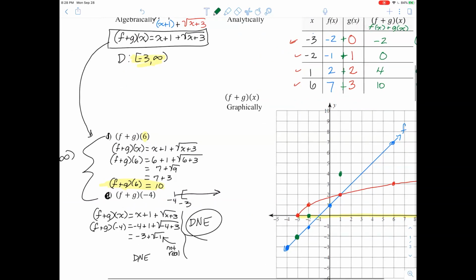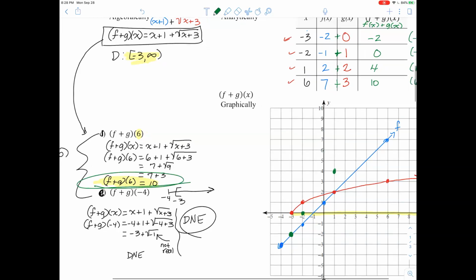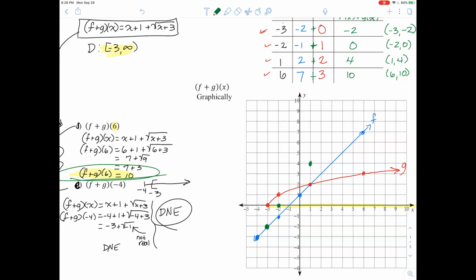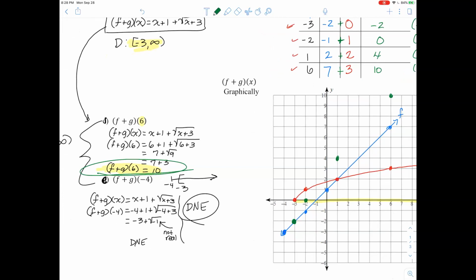And you recall that we actually did find that when we were adding algebraically. So 6, 10 would be right here. So what I have to do with those points is, this is a pretty funky equation. It's a square root function, because it's got that square root in it. So it's just a curve, but because it's got a line in the equation, the x plus 1, it kind of turns the curve on its side.